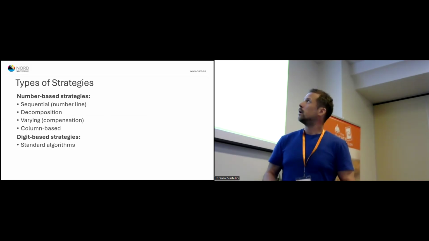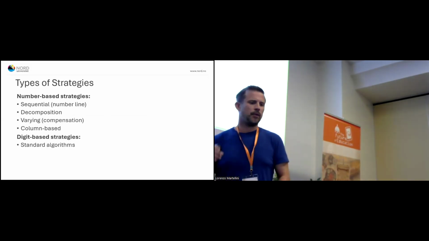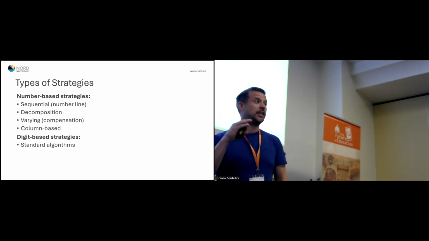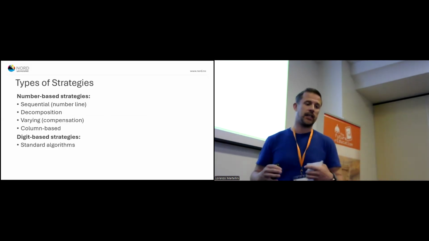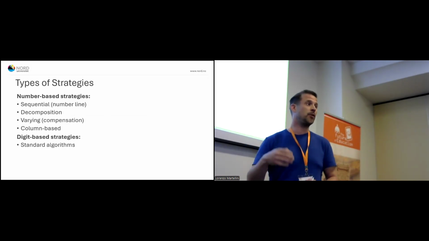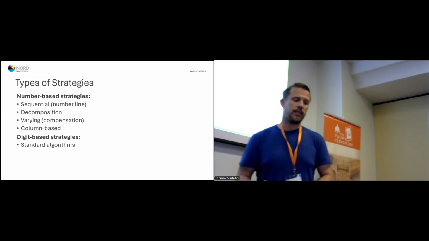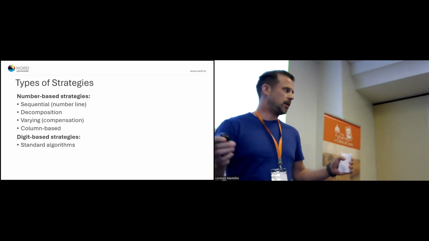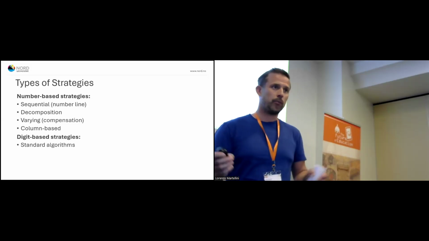So, Higginbotham. We measured different types of strategies: sequential strategies, the number line, which is actually a part of the Norwegian curriculum, and decomposition, where we dismantle the numbers into smaller parts.